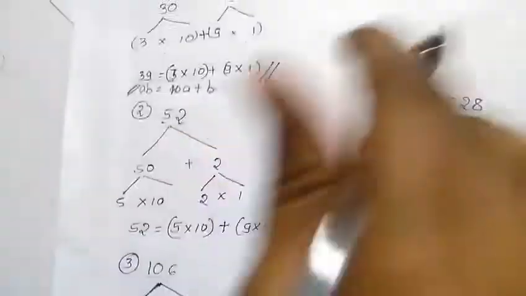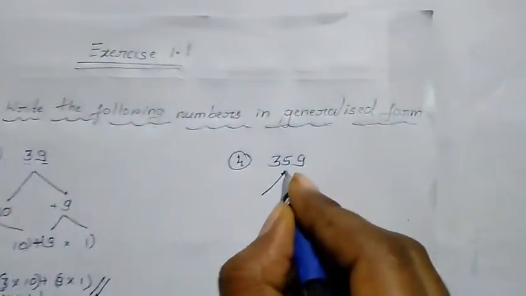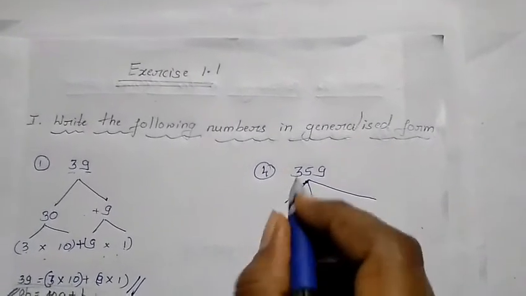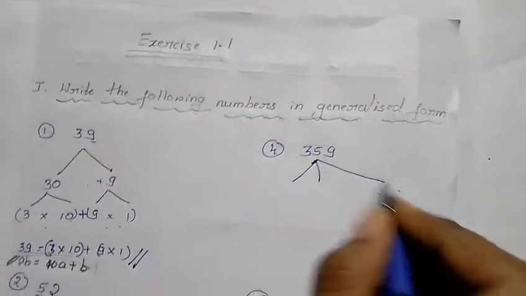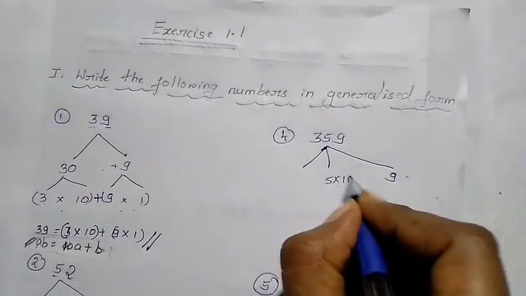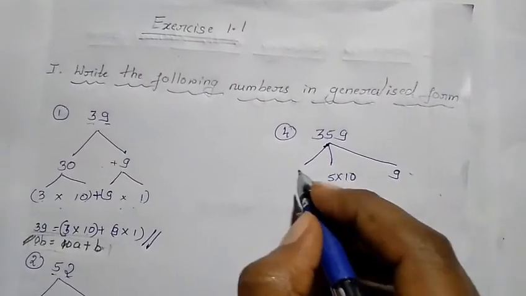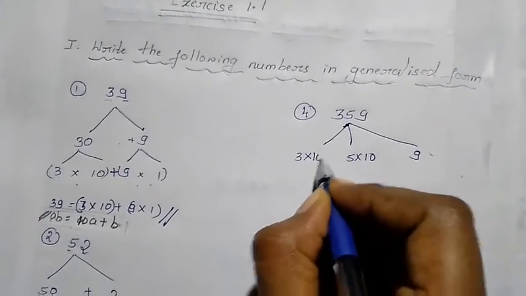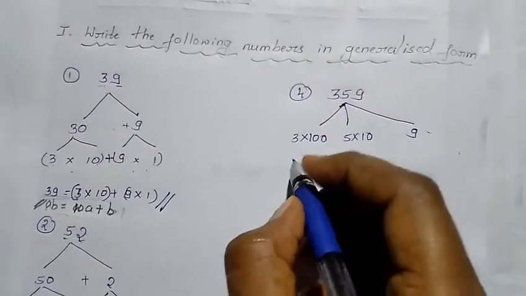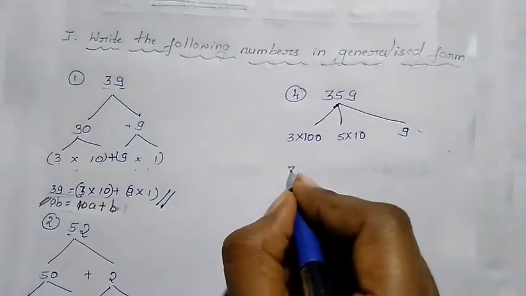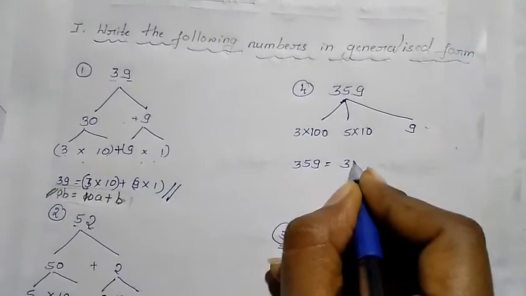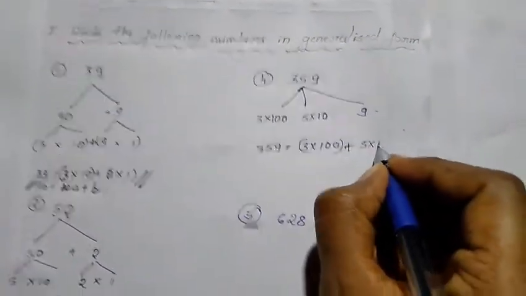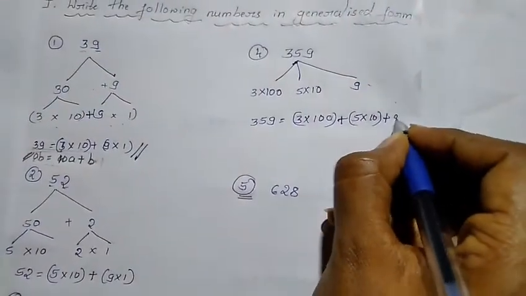So fourth one, 359, a 3-digit number. You have to split it in multiplied form. So split this one: unit place 9, 10 place 5 into 10, then 100 place 3 into 100. Then you have to write the generalized form: 359 equal to 3 into 100 plus 5 into 10 plus 9 into 1.